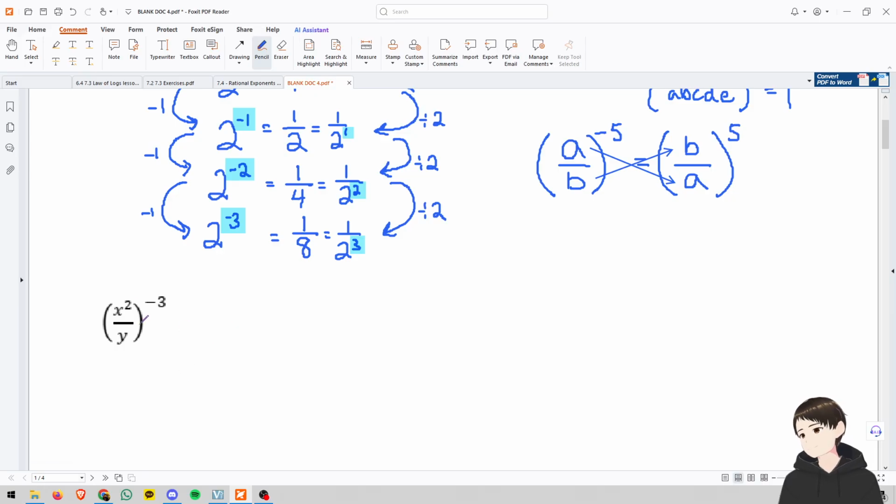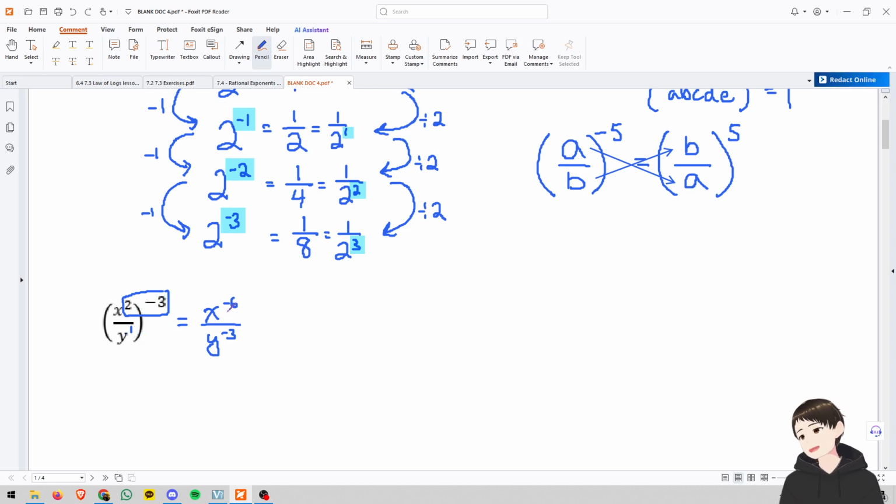I see a power of a power. So I could apply this power onto the entire base and say x to the power of -6 over y to the power of -3. Because you know, when you have a power of a power, the exponents will multiply.